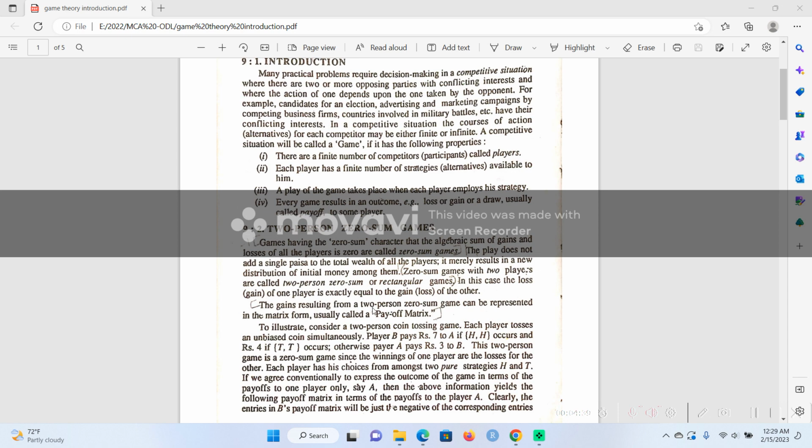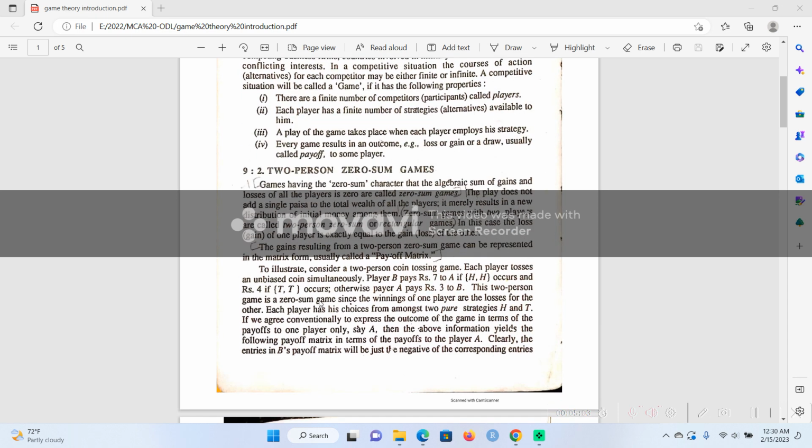The gain resulting from a two-person zero-sum game can be represented in matrix form, which is usually called a payoff matrix. That format is known as a payoff matrix. If we go with an example, it is easy to understand.